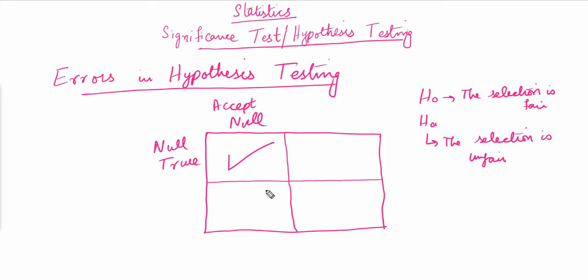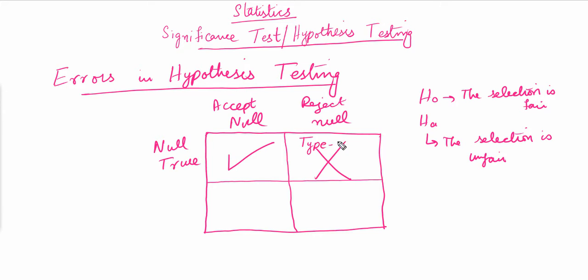Now in actual, when the null hypothesis was true, but the percentage came below the significance level and we have to reject the null hypothesis. So reject null. In that case, our decision is incorrect. So we have made a type 1 error.